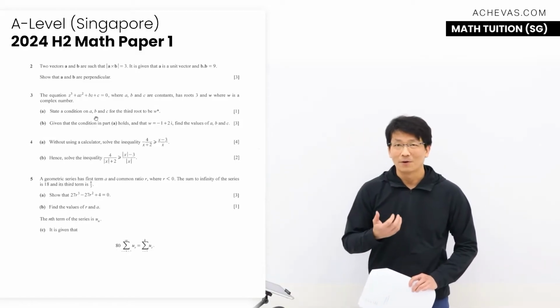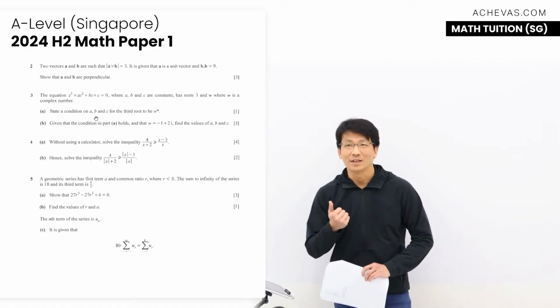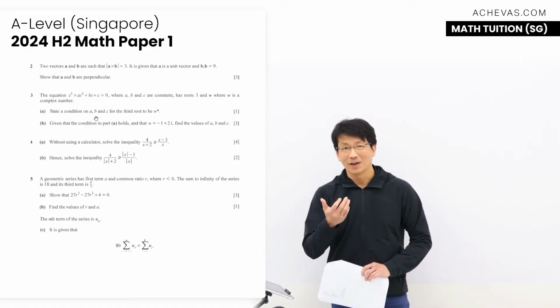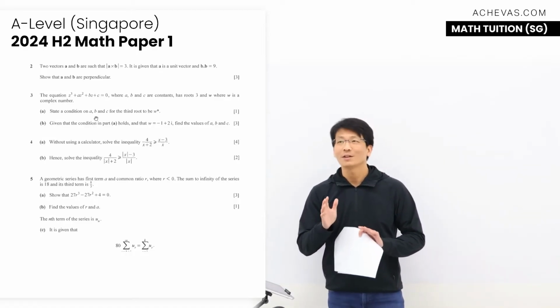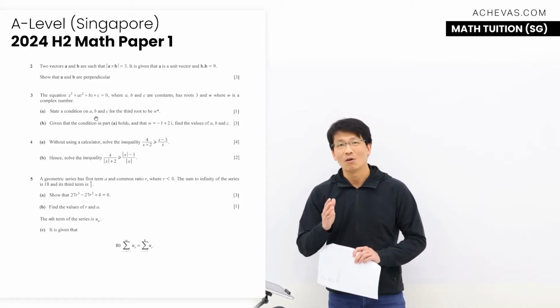And we know that for roots to occur in conjugate pairs, it must satisfy certain criteria. The criteria is whereby the coefficients of the equation must all be real.